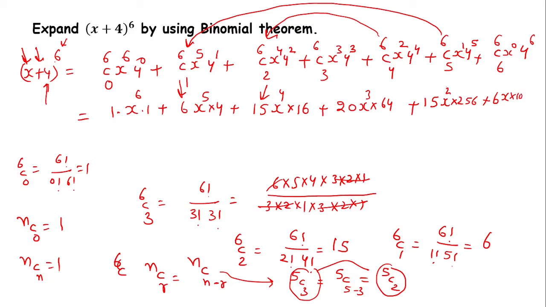So times 1024. One last term. 6c6 is nothing but 6c0, and that is 1. So 1 times x power 0 is again 1, and 4 power 6 is 4096. Let me remove everything down.